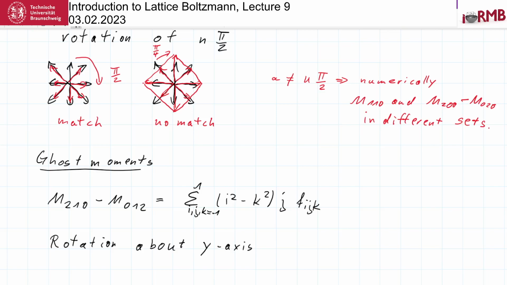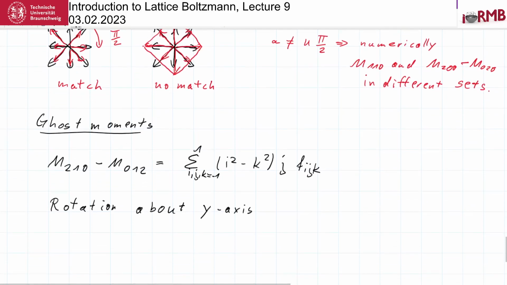It has a direction, it would be positive in the y direction, and we rotate around this, so we don't change this, and then we would have i_y squared minus k_y squared times j_y.